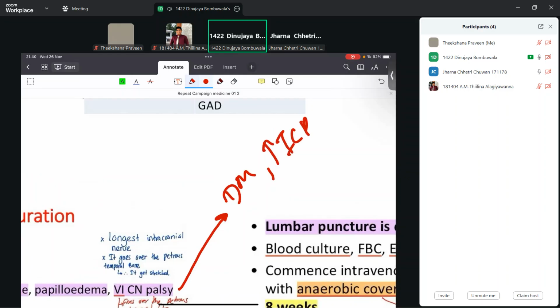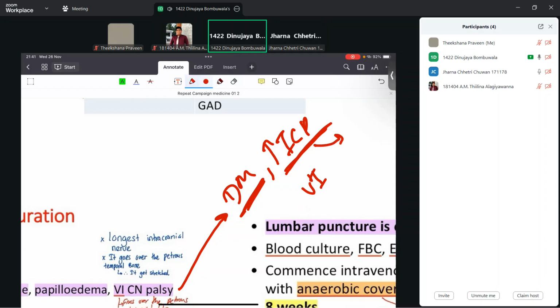So how can you differentiate these two conditions on examination? Sixth cranial nerve palsy due to diabetes mellitus or due to increased pressure. By fundus. What would you see in the fundus in increased ICP?